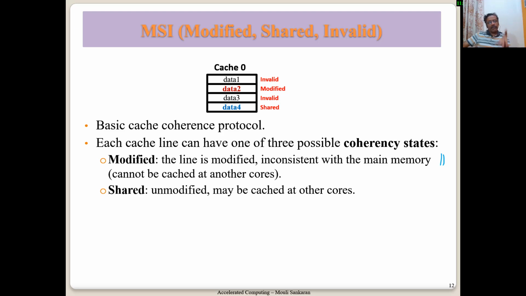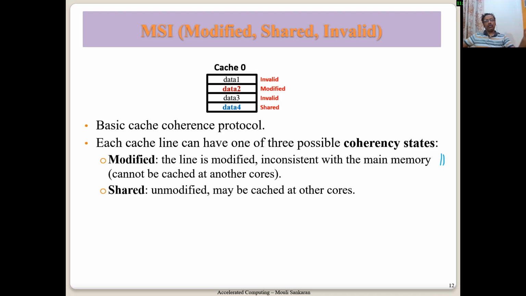Now, there is a possibility that a particular block is in a shared state. That means that it is unmodified. That means the content of that block, which is in shared state inside a particular core, is in sync with the content in the main memory. They are the same. There is no difference between them. And that particular block may not be in one place.